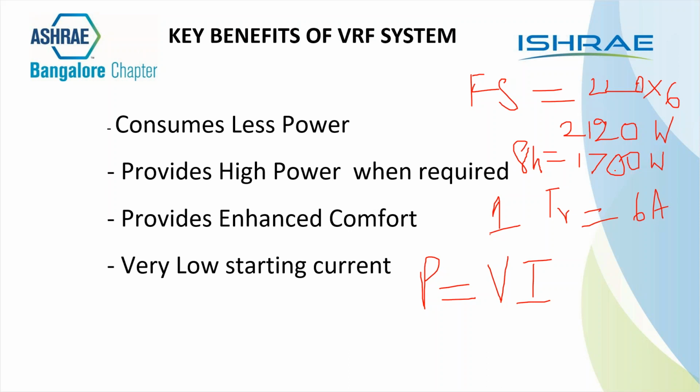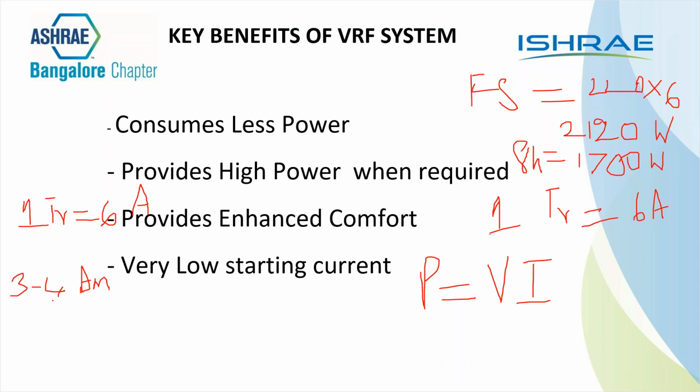Now let us come to the inverter type of air conditioning system. Here, if you have a 1-ton system which is drawing 6 amps, once the temperature is achieved at 23 degrees centigrade, the compressor speed is reduced, and the 6 amps will probably reduce to 3 amps or 4 amps.